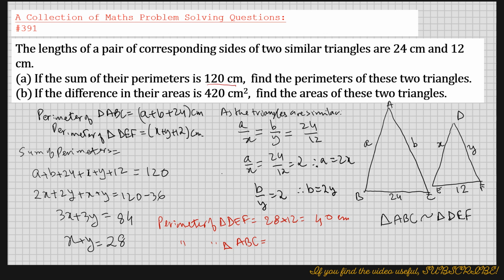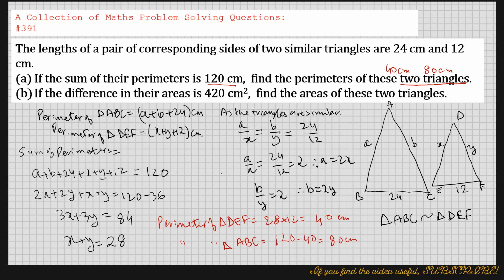The sum is 120 given, so all we can do is 120 minus 40, and that is 80 centimeters. And that's the answer. The perimeters of these two triangles are 40 centimeters and 80 centimeters. So that's done. Then we have to work out the area.